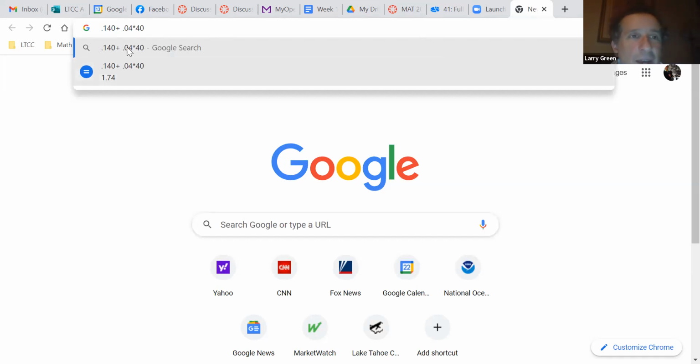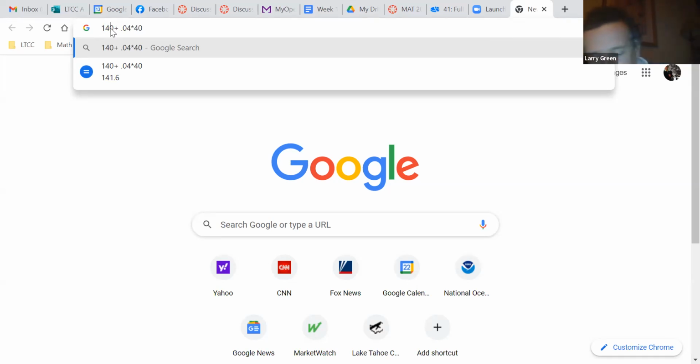And then we get 1.7. That still is, I think I'm off by one. Trying to remember how I had this originally. I think it was, oh, it's percent. So 14.0. Is that right? No. Let's try.